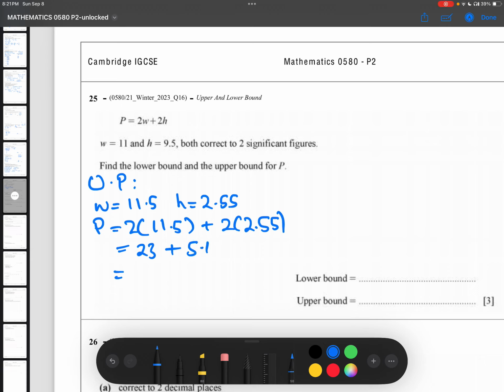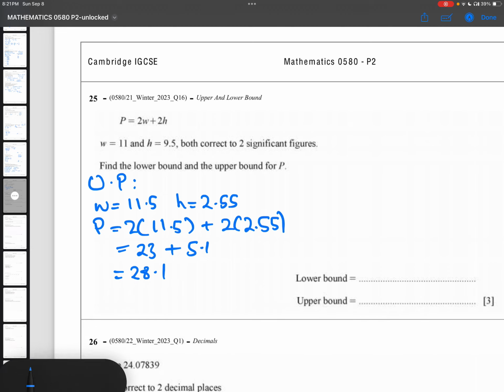So this is equal to 23 plus 19.1, which is 42.1. So now let's calculate the lower bound. Upper bound is 42.1.